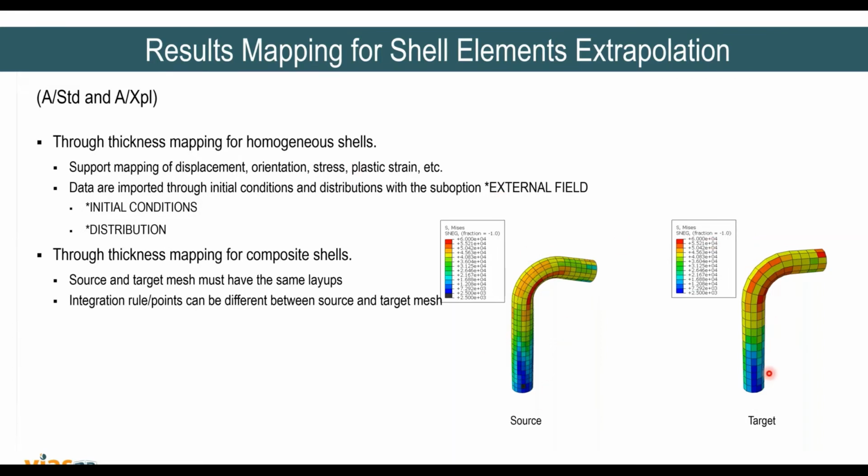These features are very useful, especially when you want to carry on your analysis by mapping these variables. But if you have a composite shell, then the source and the target mesh have to be the same. However, the integration rule can be different, but if it's a composite, it has to be the same.